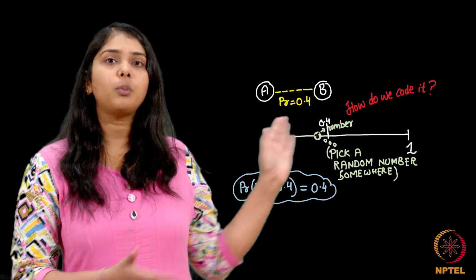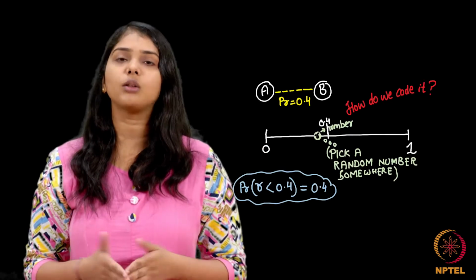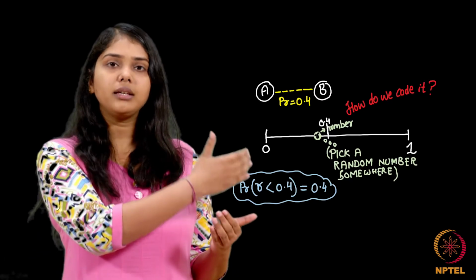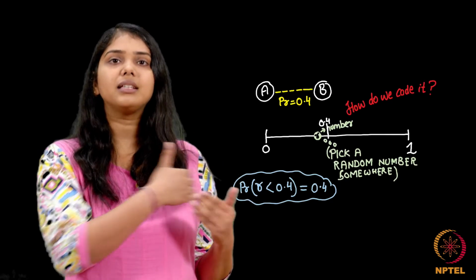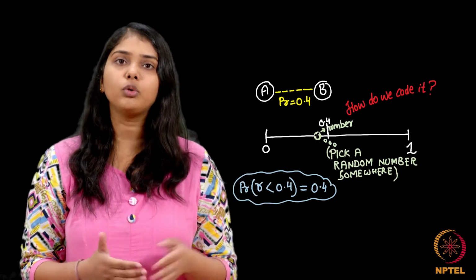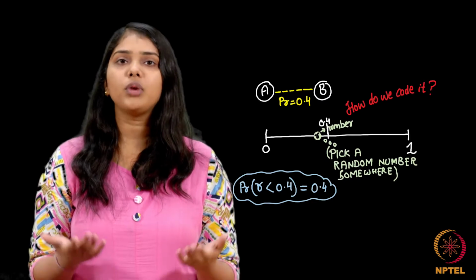So 0 to 0.4 is a smaller slot, 0.4 to 1 is a bigger slot. There is a lesser probability of this number falling below 0.4 and a higher probability it lies in the range 0.4 to 1. So we will be using this method to implement what we are saying.